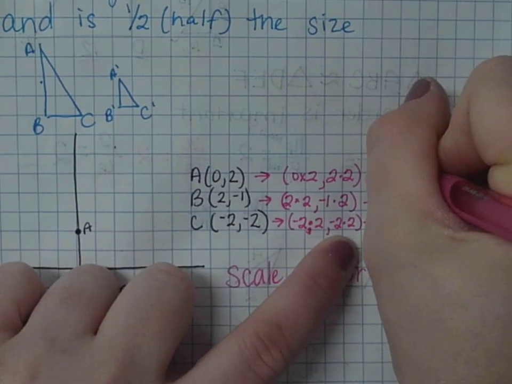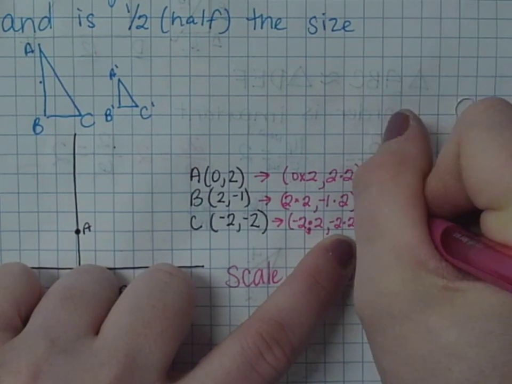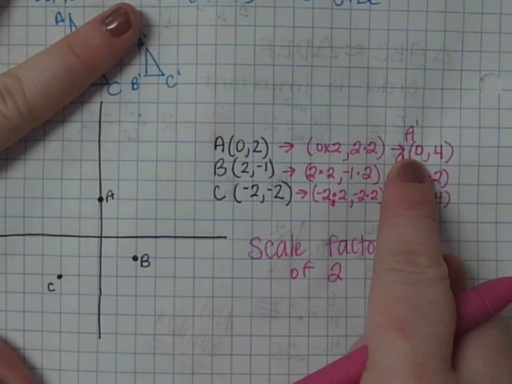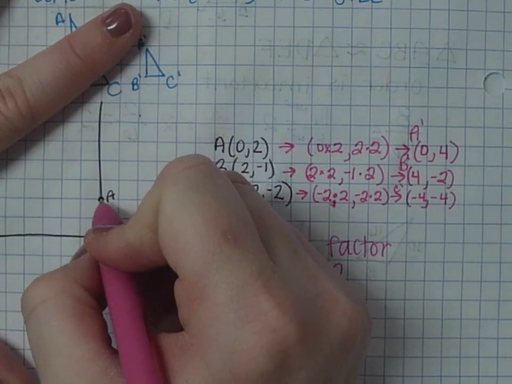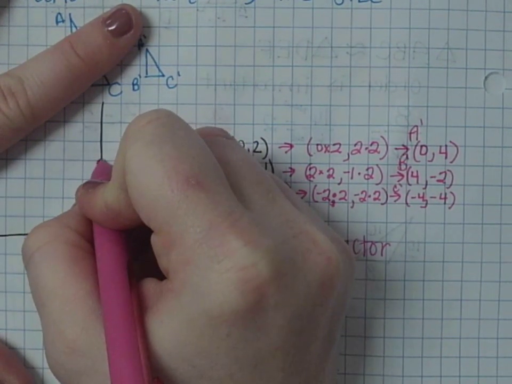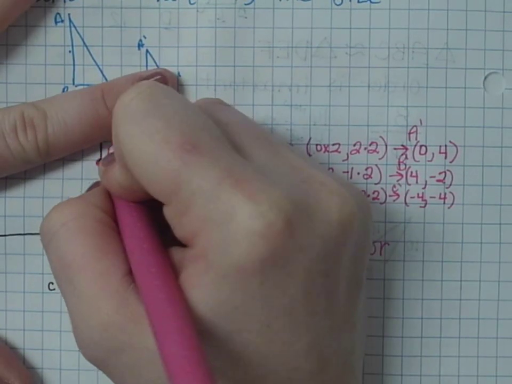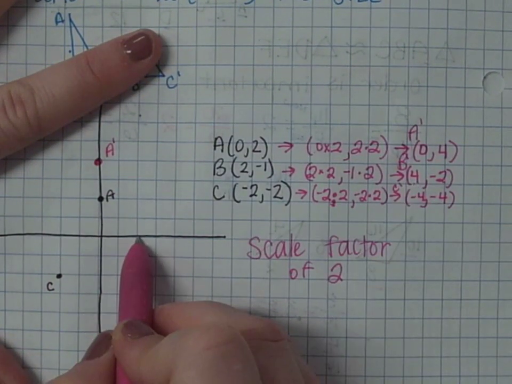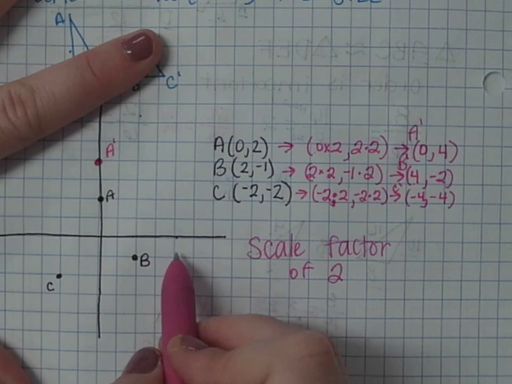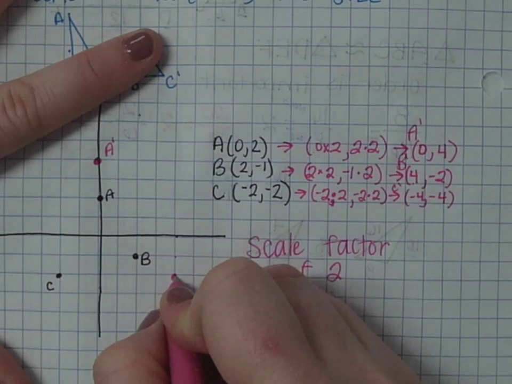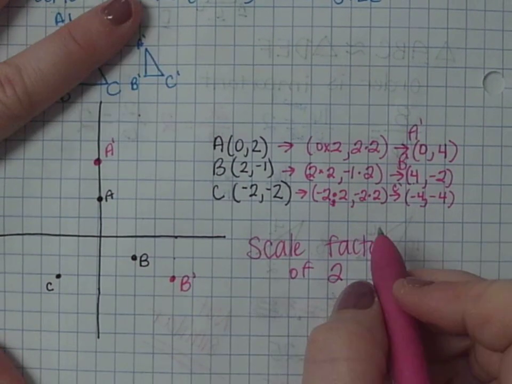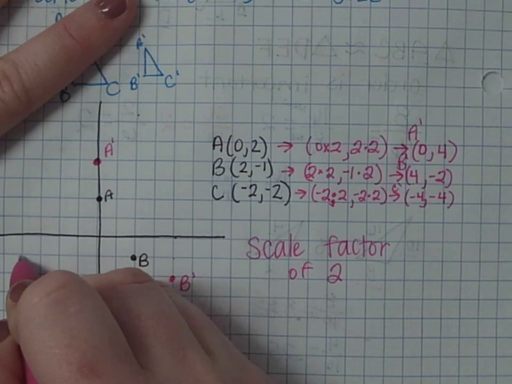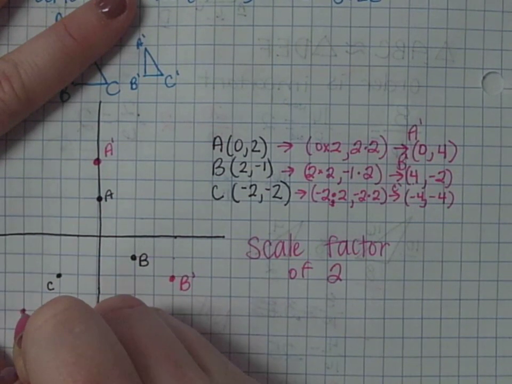So this is going to be A prime, B prime, C prime. So then my new point would be 0, 4, so 1, 2, 3, 4. So that would be A prime. B prime is at 4, so 1, 2, 3, 4, negative 2. And C prime is at negative 4, so 1, 2, 3, 4, negative 4, 1, 2, 3, 4.